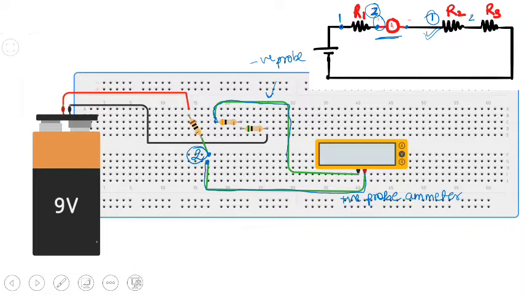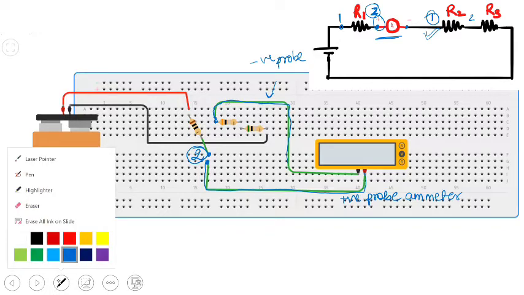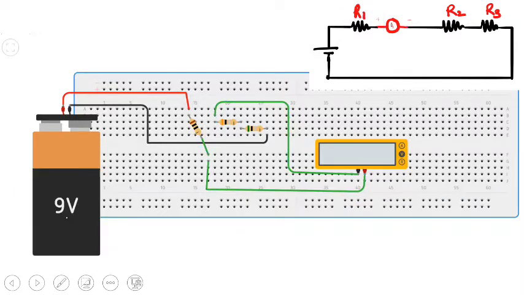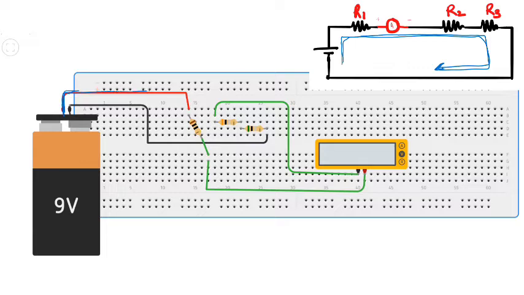Okay, so let us check whether the circuit has been completed, and whether our original condition, which was to pass the current through the resistances as well as through the ammeter, has been fulfilled or not. So current has to take this path. Let us verify it in our breadboard diagram. Let us say this is the positive terminal. So current will start flowing from here.